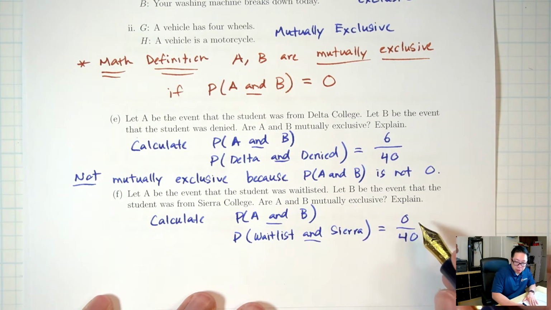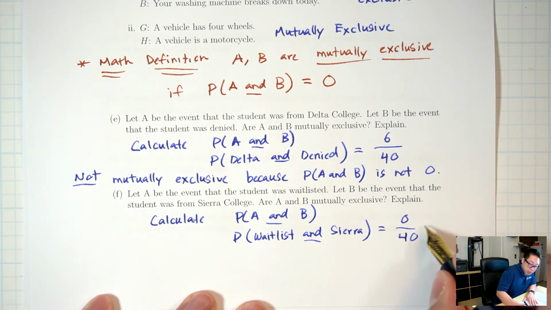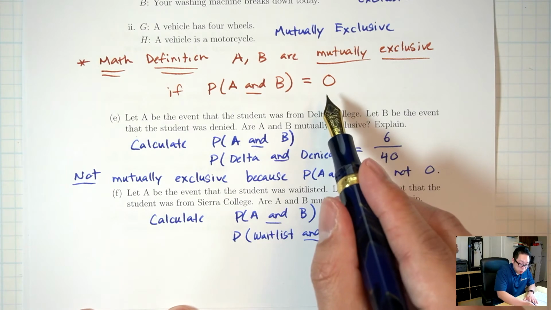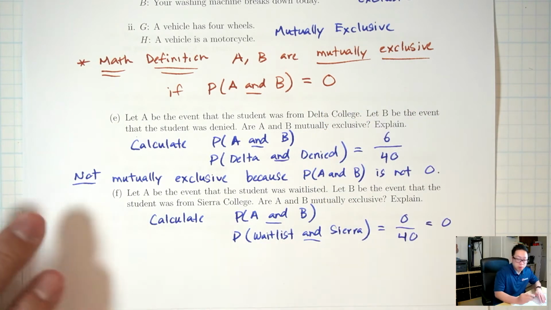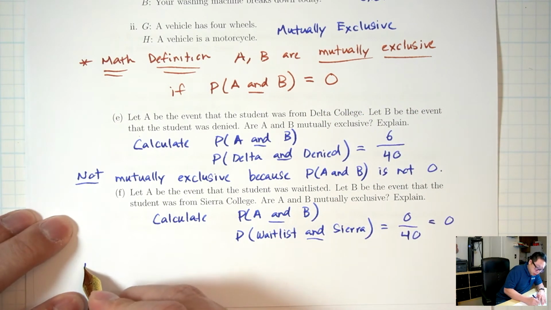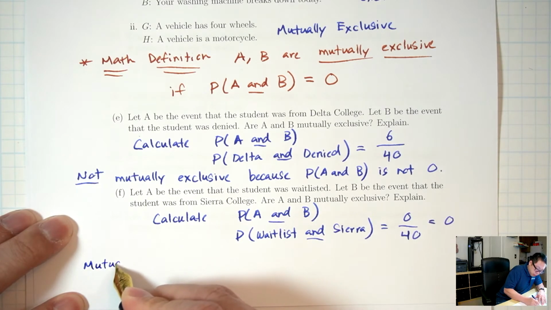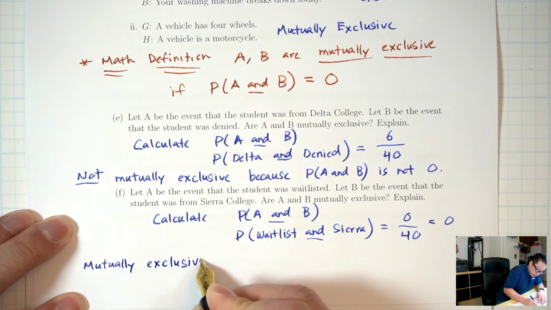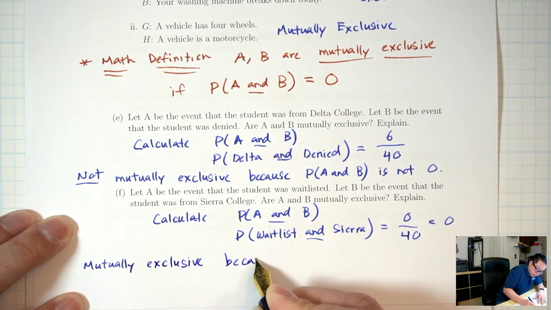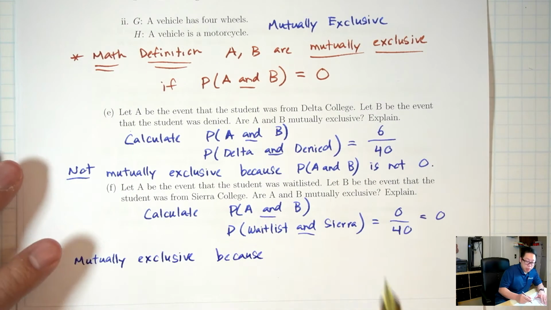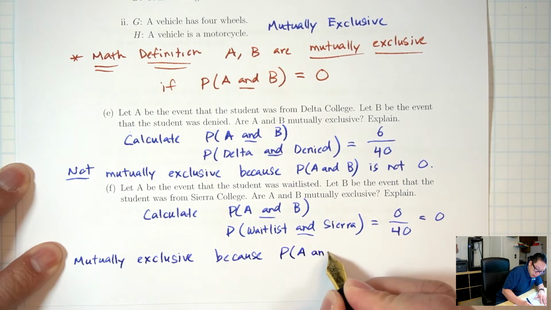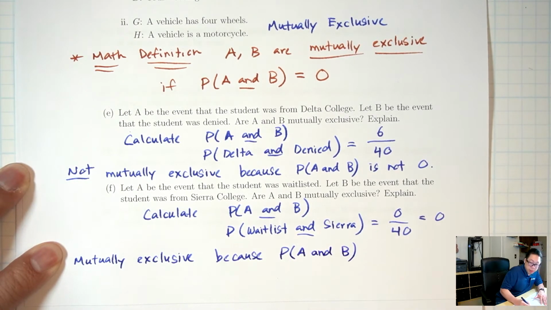You can check on your calculator, 0 divided by 40, or if you just know 0 divided by 40 is 0. So it is equal to 0, which means it is going to be mutually exclusive, because when we calculated P of A and B, it was 0.